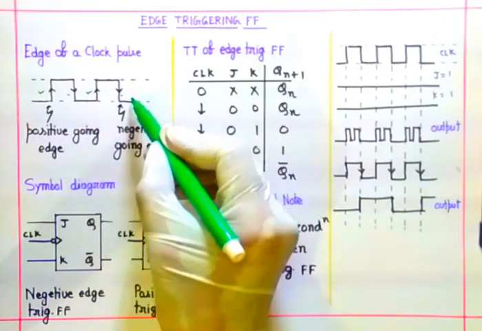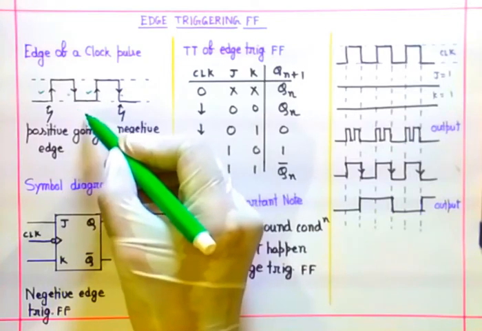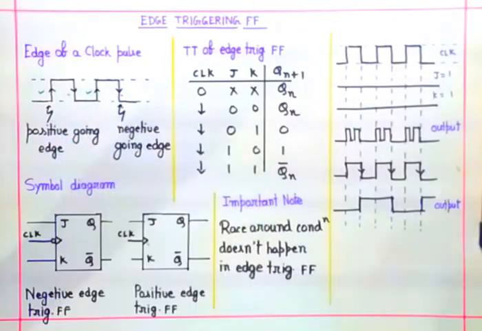In negative going edge, the clock value goes from high to low, that means 1 to 0. So now I think it is clear what is positive going edge and what is negative going edge.